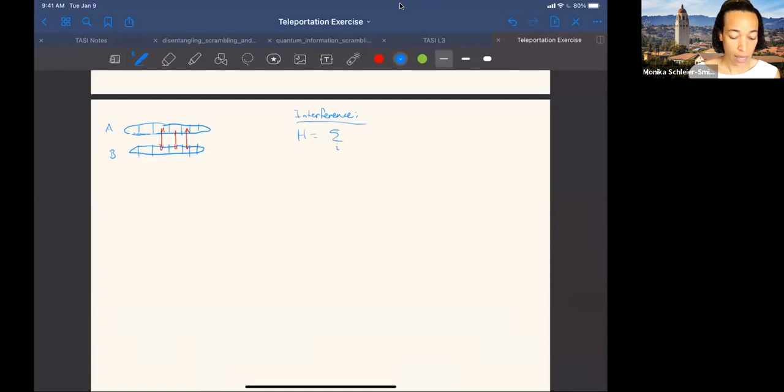Let's call the sites i, a_i dagger b_i plus a_i b_i dagger. So this is hopping between the two systems.